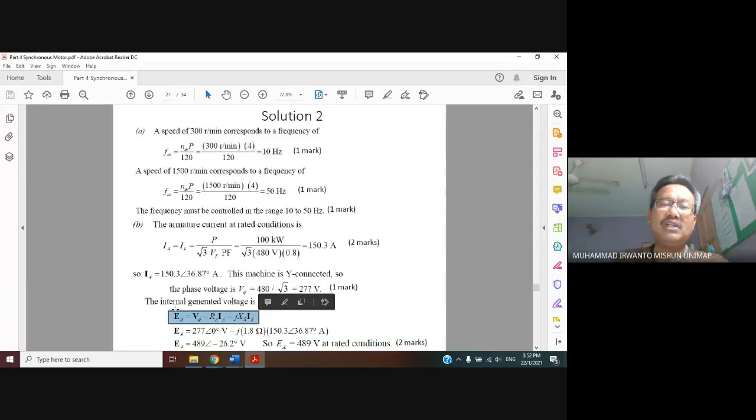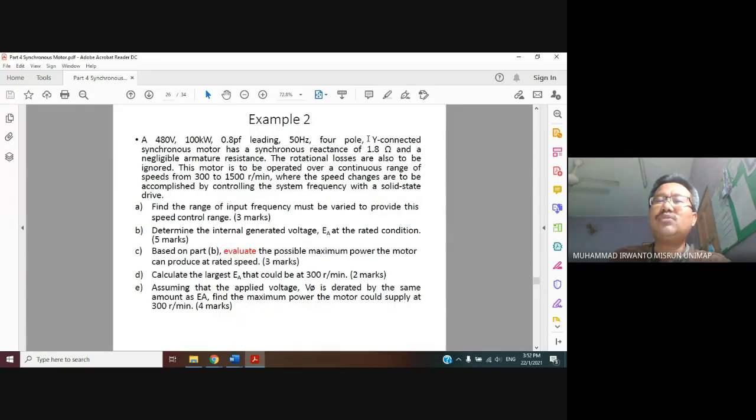Yeah. Now so from here, the first we have to find the value of IA. Meaning IA here is armature current per phase. Now so we know that the connection is Y. And then remember, for the Y connection, line current is equal to phase current.